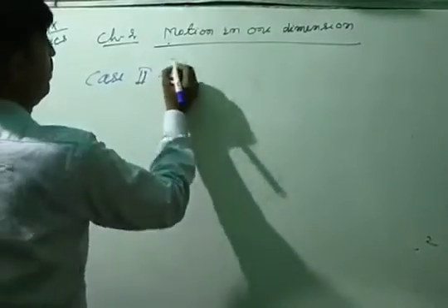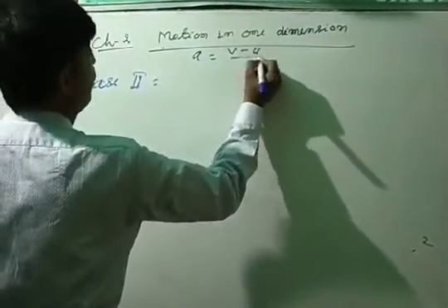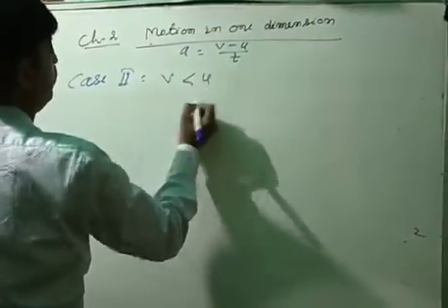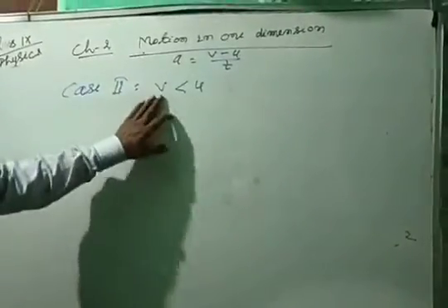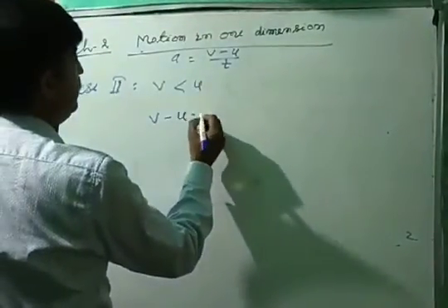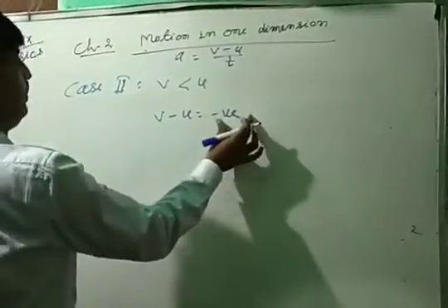In the formula a equals v minus u by t, if v is less than u, in this case the value of v minus u is negative, so acceleration is negative.